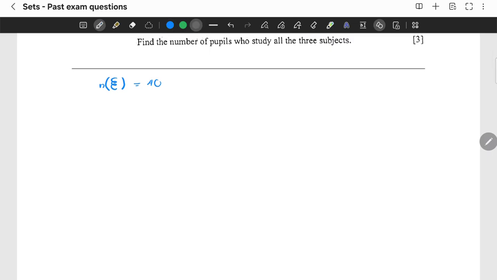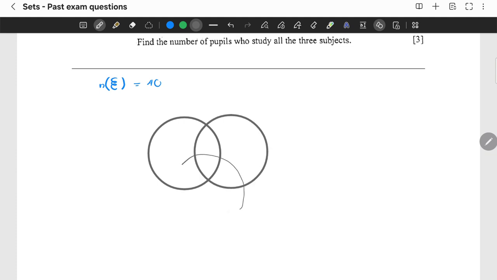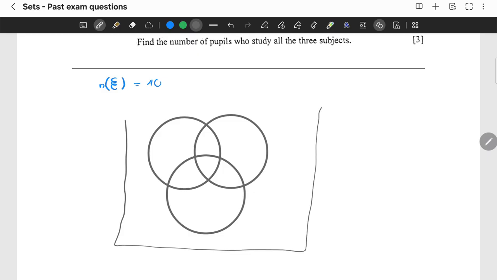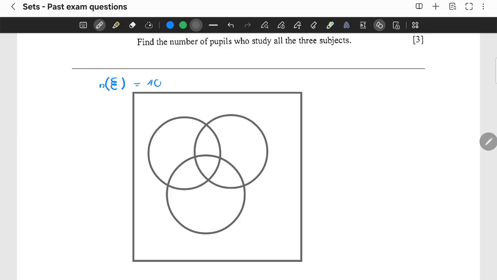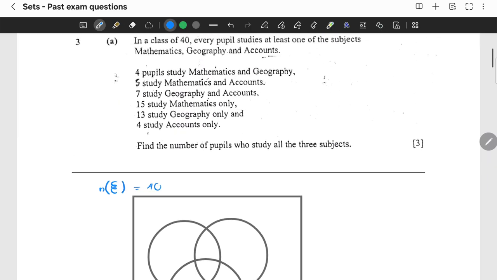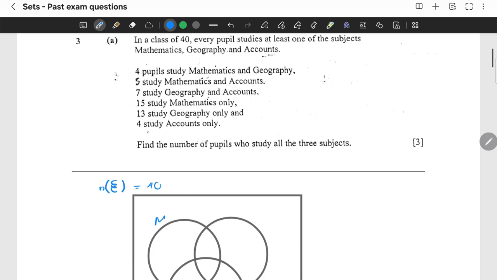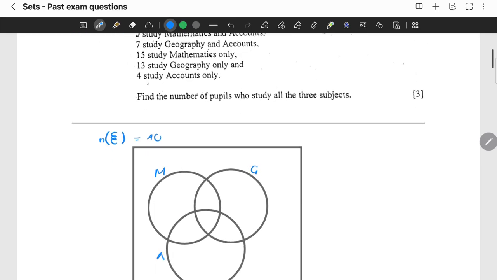So we have those who are doing geography, those who are doing accounting, and those who are doing mathematics. And these have an intersection of some sort, and we have the universal set. So now let's write them down. So we have mathematics, we have geography, and we have accounting.